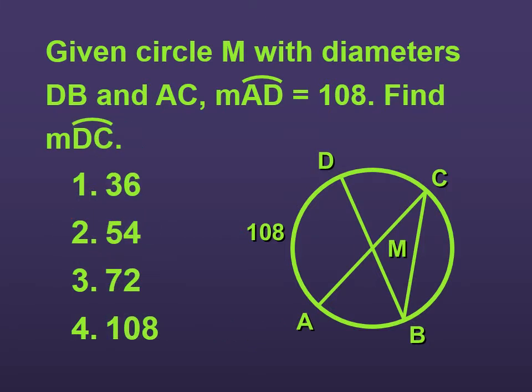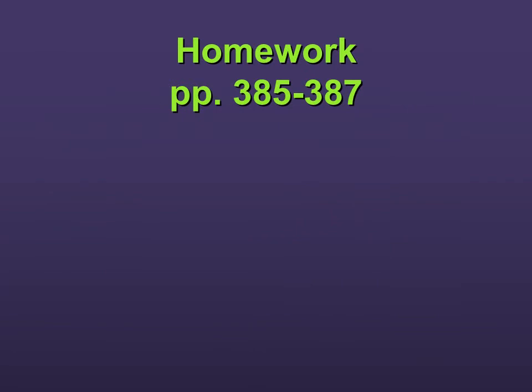Now we want to find the measure of arc DC. Since AC is a diameter, that means 108 plus DC has to be 180, which means our answer is option 3, 72.